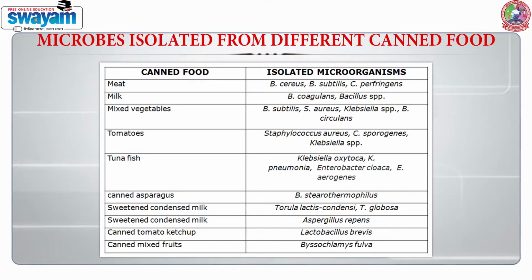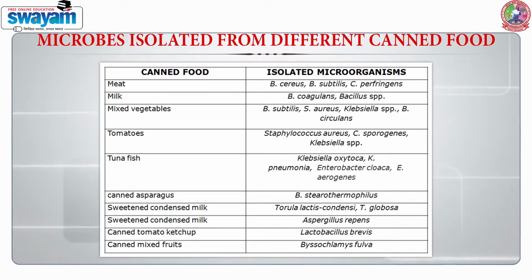The mixed vegetables stored in cans will contain Bacillus subtilis, Klebsiella species, Bacillus circulans. Tomato, which is acidic, will have Staphylococcus aureus, Clostridium sporogenes, Klebsiella species.